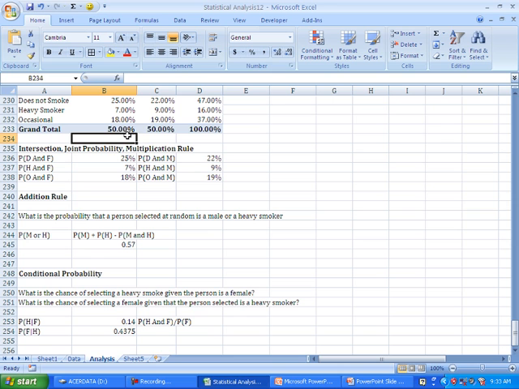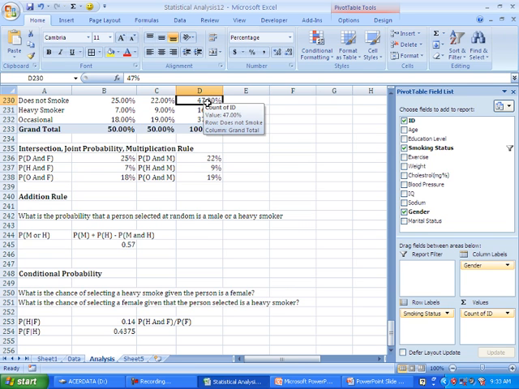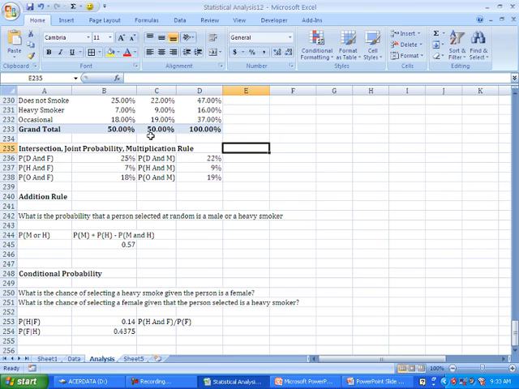The grand totals are what we'll take for only female, only male, or only doesn't smoke, only smokes occasionally, and so on. These grand totals, both of the row and the column here, are also called marginal probabilities. Marginal probabilities are the grand totals, which are also called unconditional probabilities.